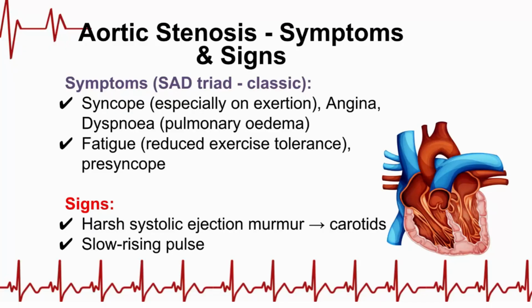But again, in order to confirm if that patient has aortic stenosis or not, we will do an echo. And also I've written slow rising pulse. So especially if you are examining that person's pulse, it's almost like a sluggish kind of response of the pulse. Right. And it's akin to the delay that you have in the systolic ejection.